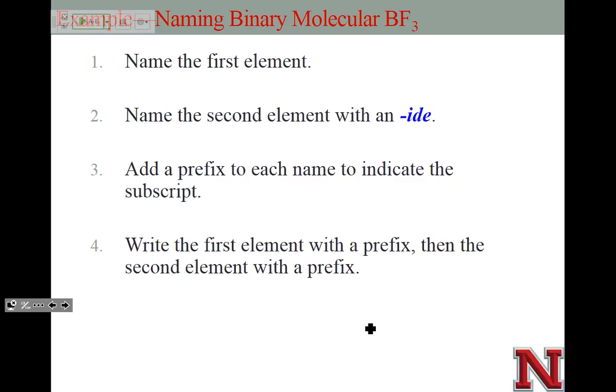So let's look at an example. We have BF3. So our first element is boron. That's it, just boron. Our second element is fluorine, but we're going to change it to fluoride. Then we're going to add our prefixes. Boron is more metallic. It is closer to the metals in the periodic table, so we're also going to draw that first in the name.